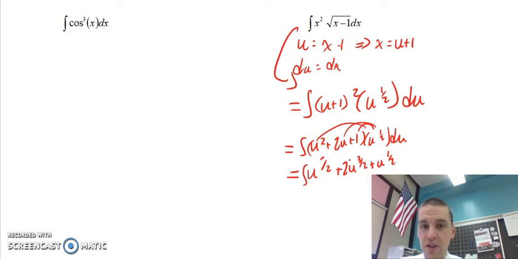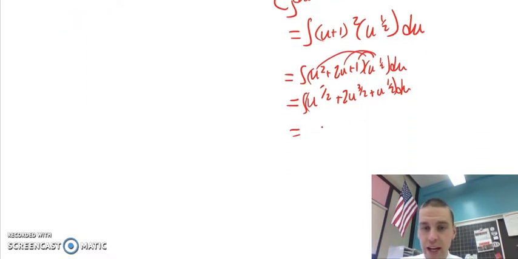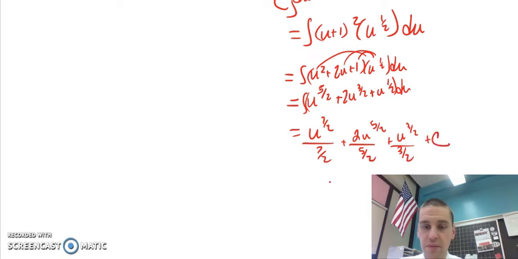That's still the integral of that, can't forget this. And now what we're going to need to do is actually take the integral. So we're going to get u to the 7/2 over 7/2 plus 2u to the 5/2 over 5/2 plus u to the 3/2 over 3/2 plus c.